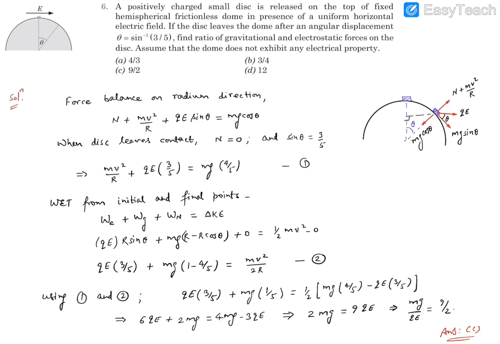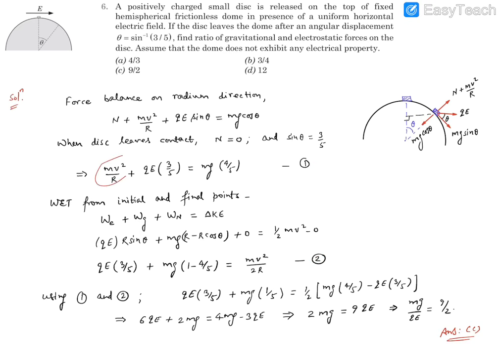Work done by the normal reaction is going to be 0, and the final kinetic energy is this, initially it was 0. Again, we can put the sin theta, cos theta values, and we are dividing by r. So it's going to be QE sin theta plus mg times 1 minus cos theta is equal to half mv square by r. Equation 1, equation 2.